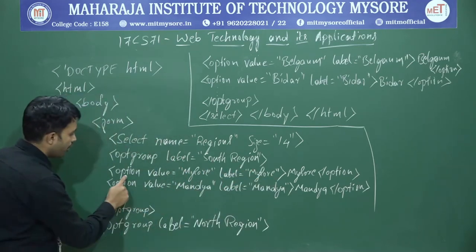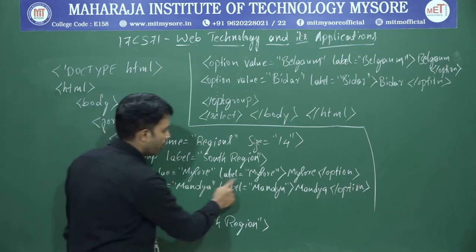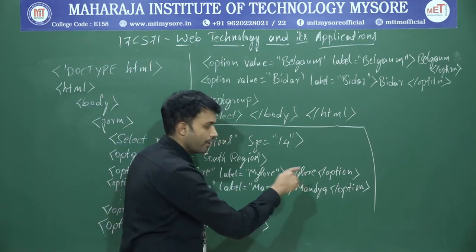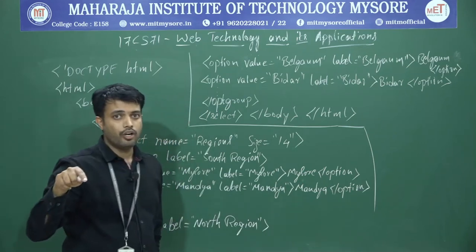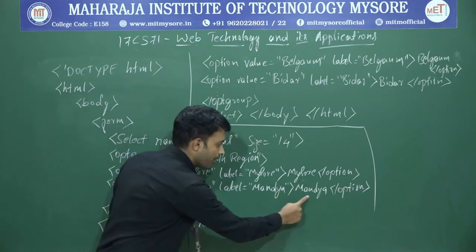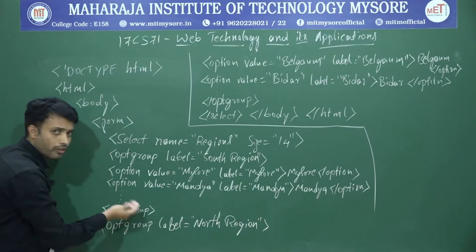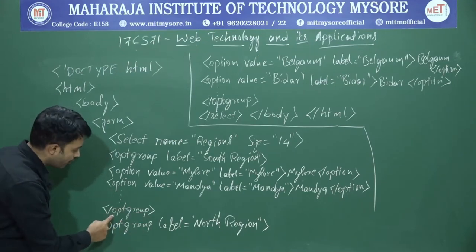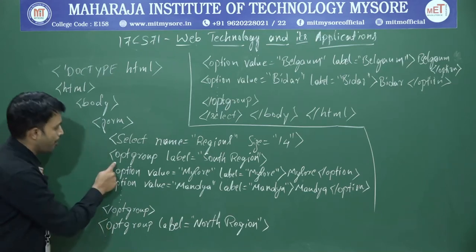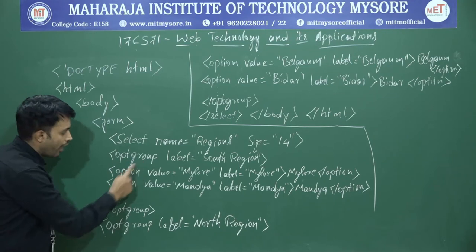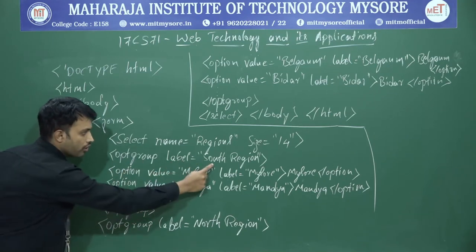Under that, option value equals Mysore, label equals Mysore. Mysore is the value I am displaying in that option. Next Mandya, like that. It continues; you can add as many options as you want. Next you need to close this OPT group. So I have grouped these as the south region.